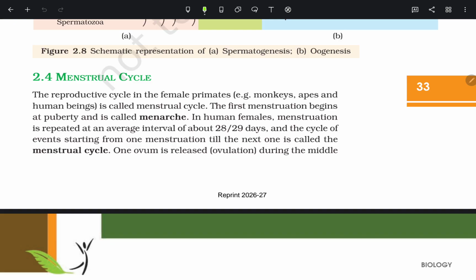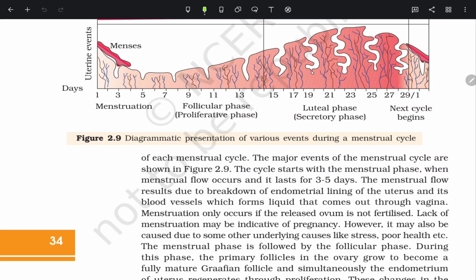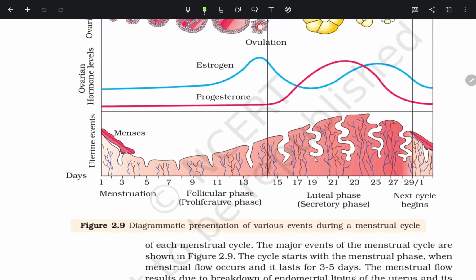In human females, menstruation is repeated at an average interval of about 28 to 29 days, and the cycle of events starting from one menstruation till the next one is called the menstrual cycle. One ovum is released (ovulation) during the middle of each menstrual cycle. The major events of the menstrual cycle are shown in the figure.